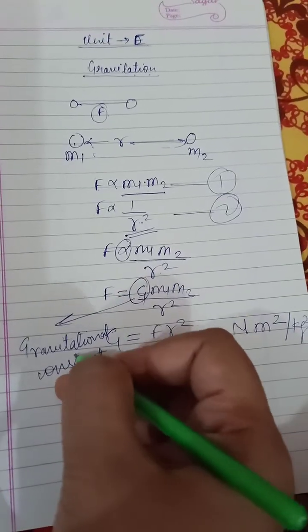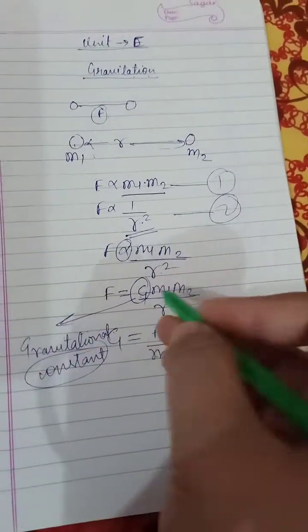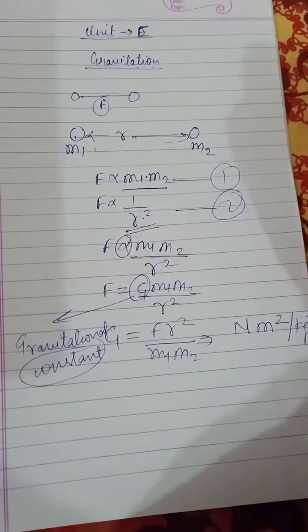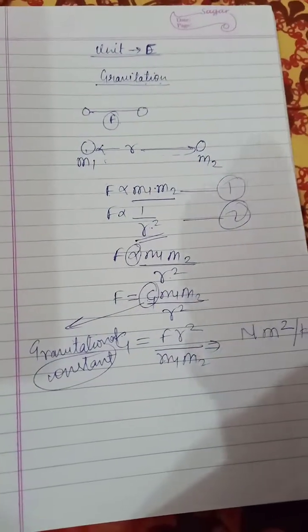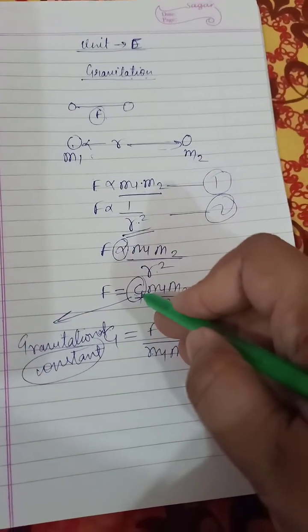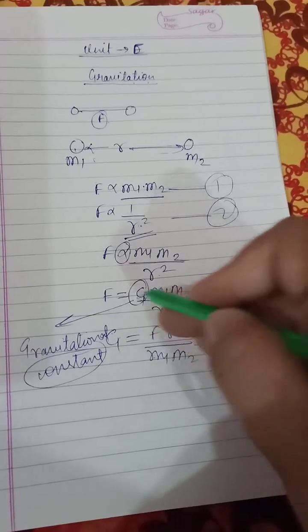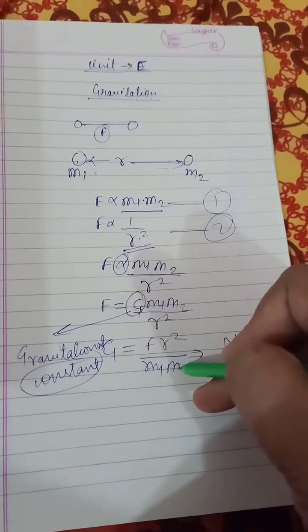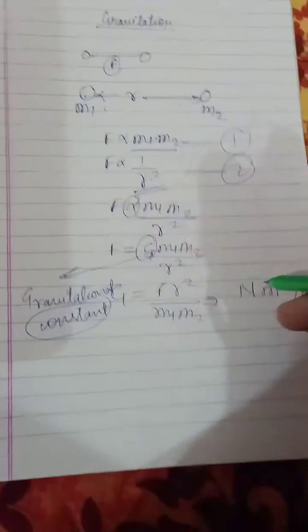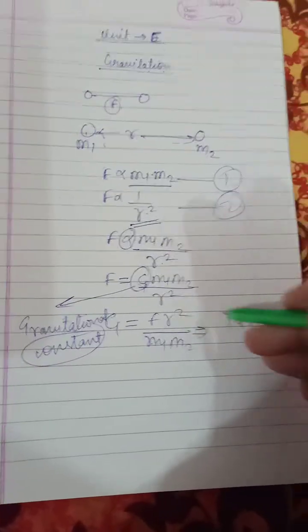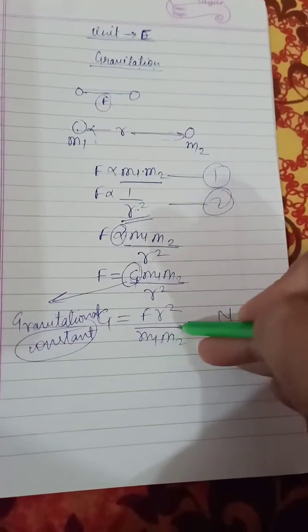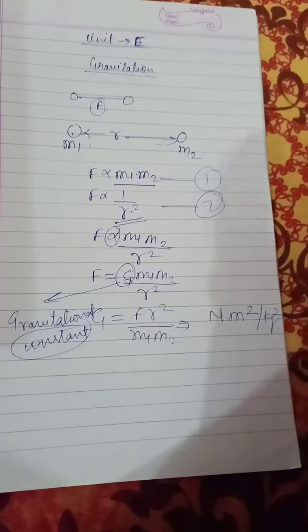As we call it the gravitational constant, its value remains constant all over the universe. We can write G is equal to F r square by m1 into m2. So its unit is the unit of F, that is Newton, times r square, meter square, divided by kilogram into kilogram, that is, per kilogram square.